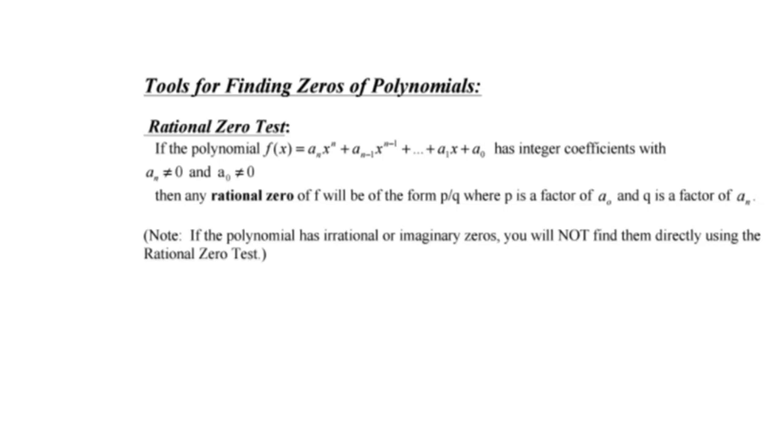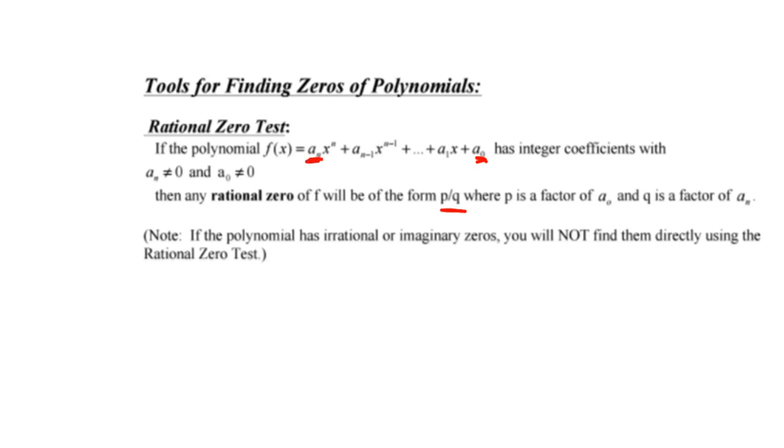The rational zero test tells me that if I have a polynomial where the leading coefficient is not 0 and the constant, or the last term, is not 0, then any rational zero will be some combination of p over q, where p is a factor of my constant and q is a factor of my leading coefficient.